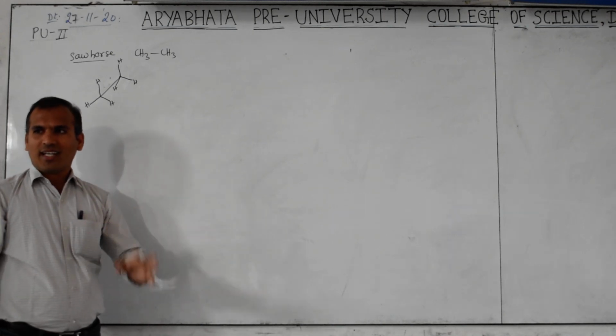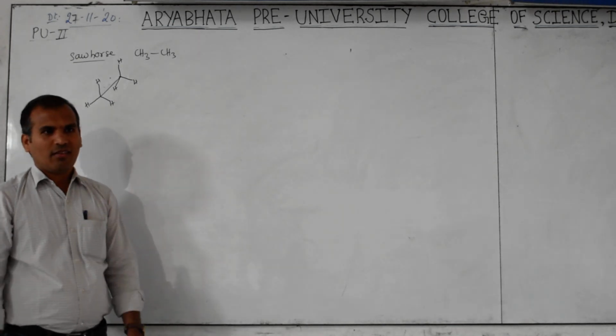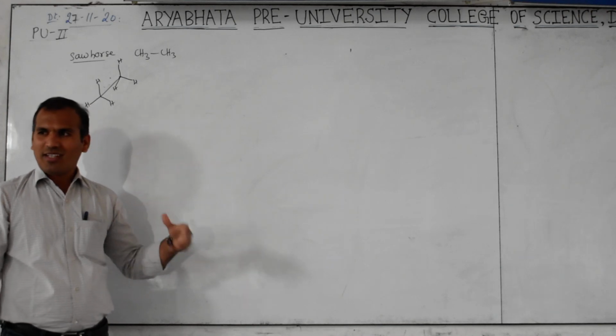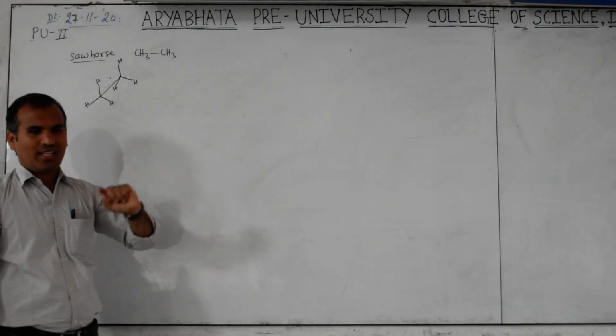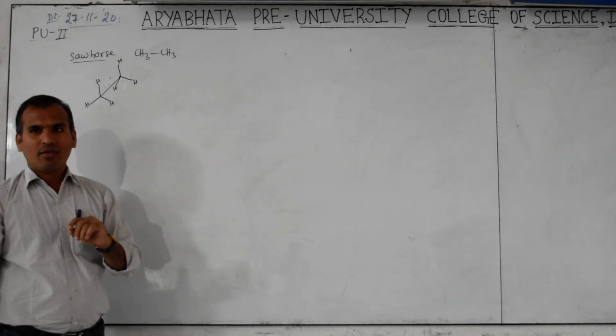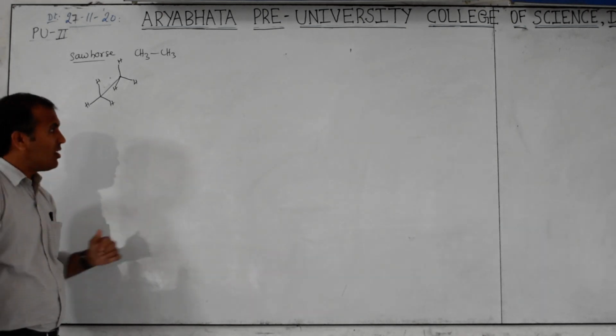Now this question arises again. 60 also, 180 also. We learned 180, but you are telling 60, how is it? I will explain. Don't worry. Here you can't identify exactly 60 or 180. So for ethane, 60 also, 180 also. For the remaining molecules, 180. Okay? We will discuss that.